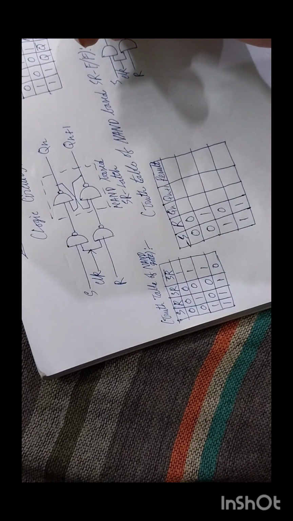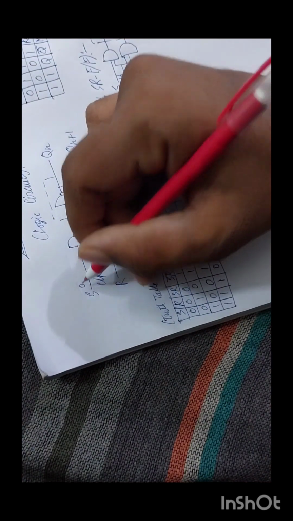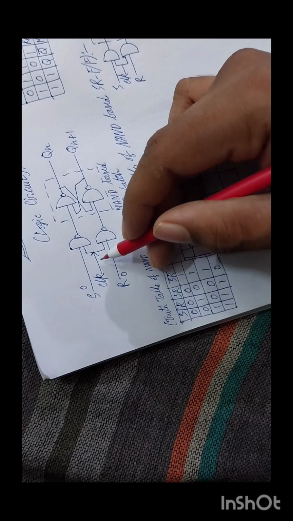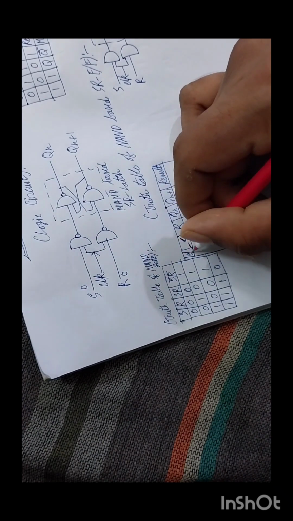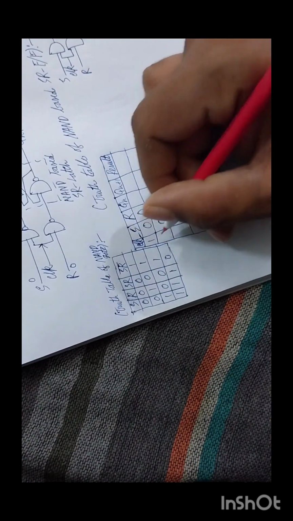So the first term is 0 0. So let's write 0 here and 0 here, and you have to put another column here. The column name should be clock because we have implemented a clock here. So the clock should be 1.